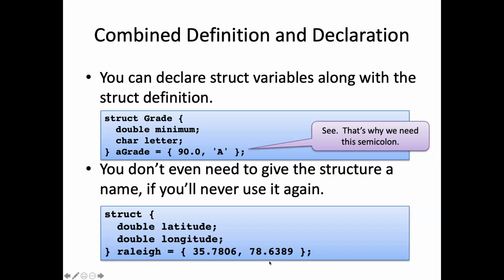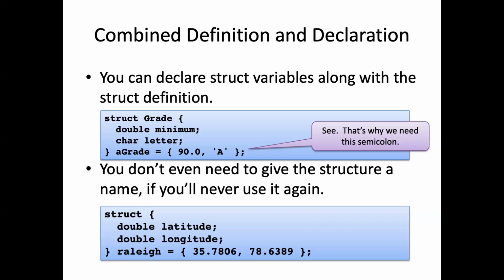And I went ahead and filled in its latitude and longitude. So I can talk about Raleigh as a, whatever this struct is. I can talk about its dot latitude and dot longitude fields. I just can't, since I didn't bother to name the struct, make any more instances of it.